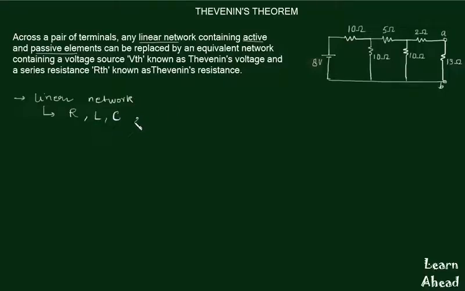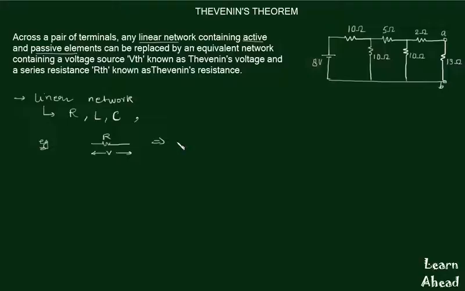But more precisely, a network is said to be linear if the parameter doesn't change with change in voltage or current. For example, for a resistor, the parameter is resistance, and if we change voltage across it, its resistance should not change.